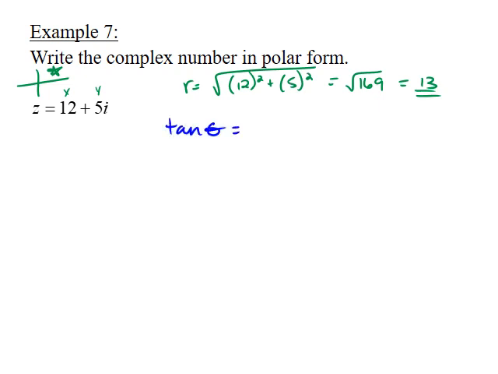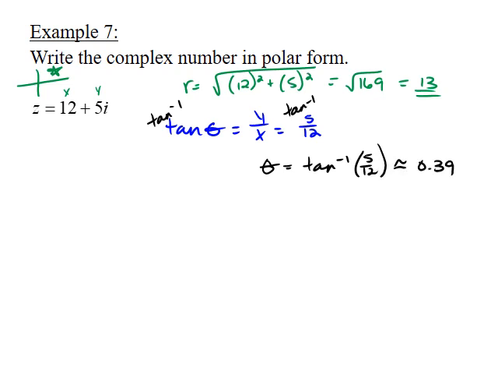Tangent of theta is y over x, which is 5 over 12. Now 5 over 12 is not on our unit circle, so I will take tan inverse of both sides. So theta is equal to tan inverse of 5/12. This is approximately 0.39 radians.